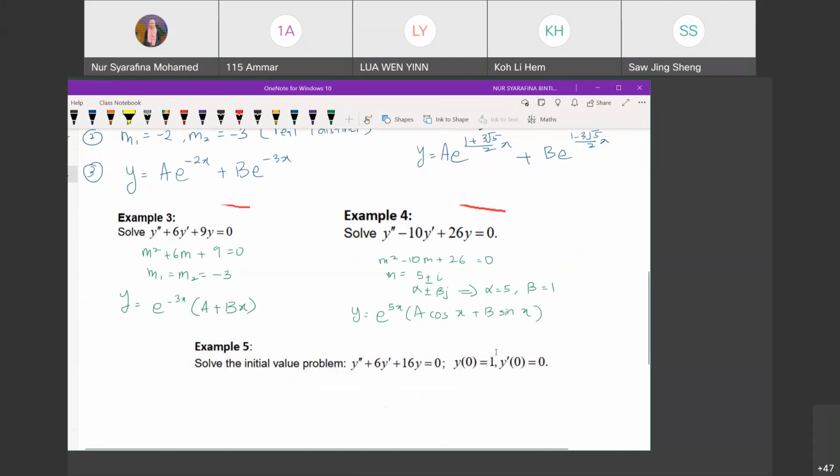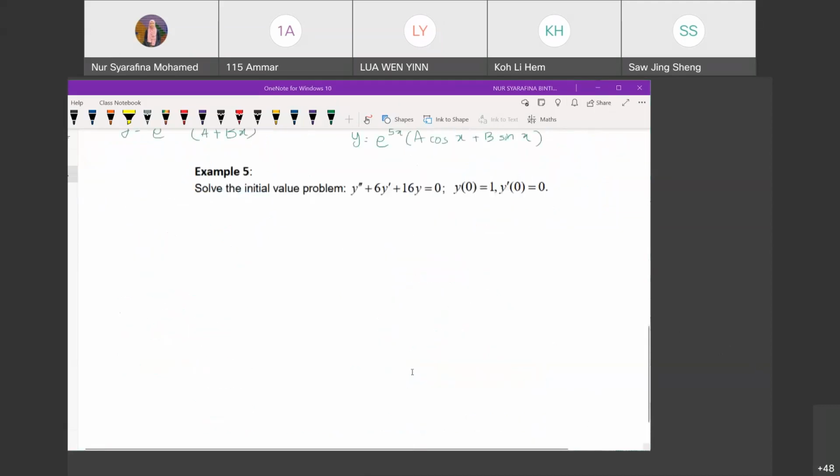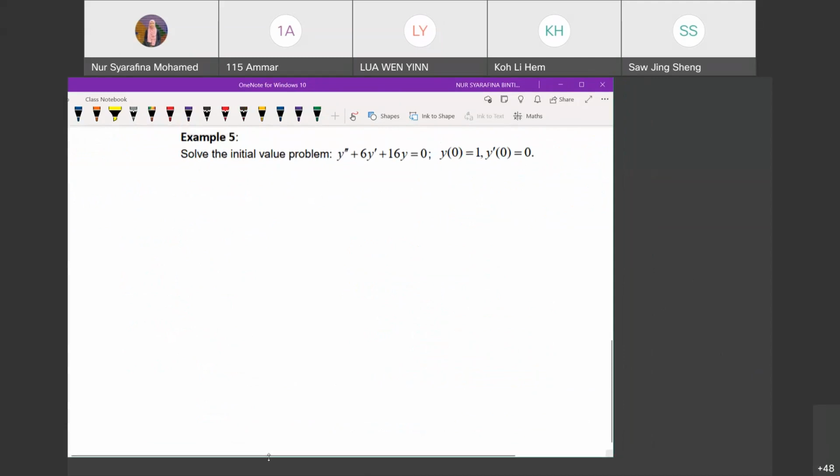Then by using the conditions, you can find the values of the constants A and B. Try it first, after this we discuss. All right, got it? How to do?